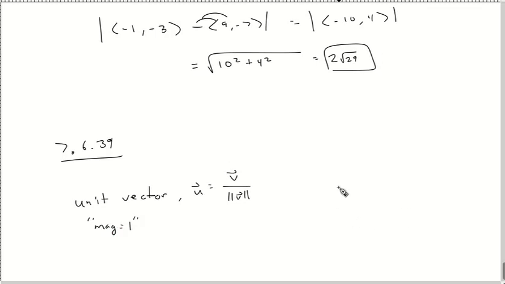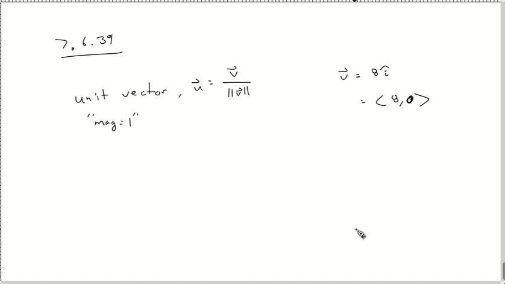So in this particular problem, they have my v vector is equal to 8i, and that's it. Now, sometimes they're going to be all silly like this. What that means is that it's <8, 0>, because where's your j? I don't have a j, so then it's a 0. All right, so then we're trying to find out what the unit vector would be for that. Oh, this is so easy. Anyways, so I need to find my magnitude of v.